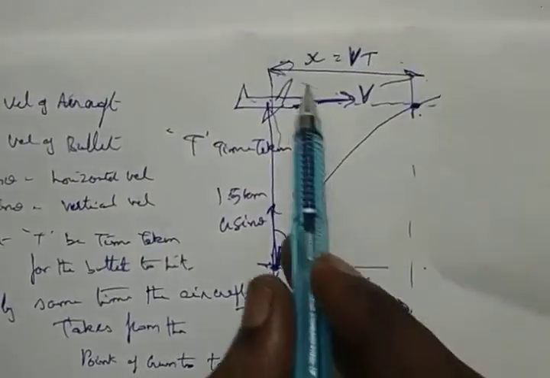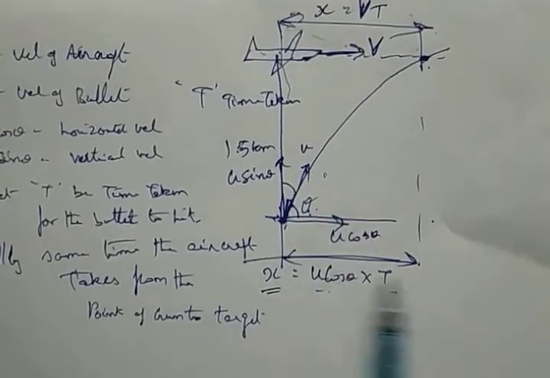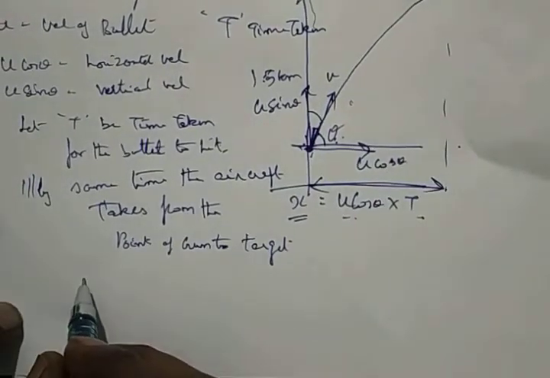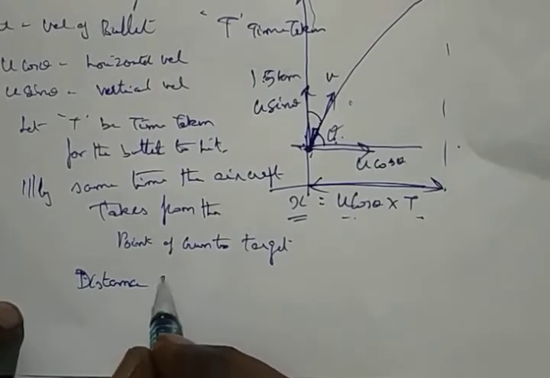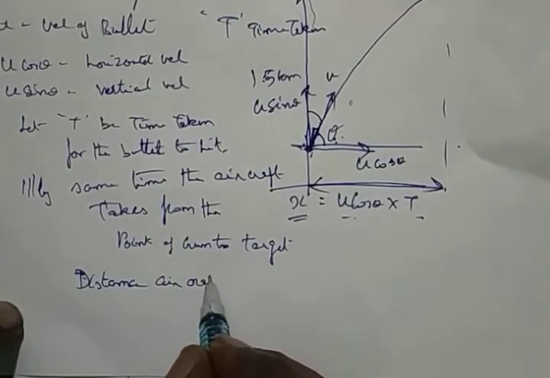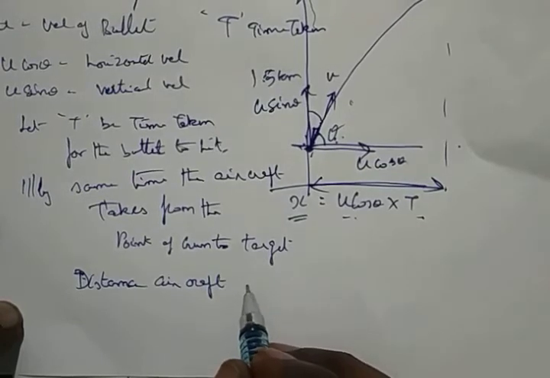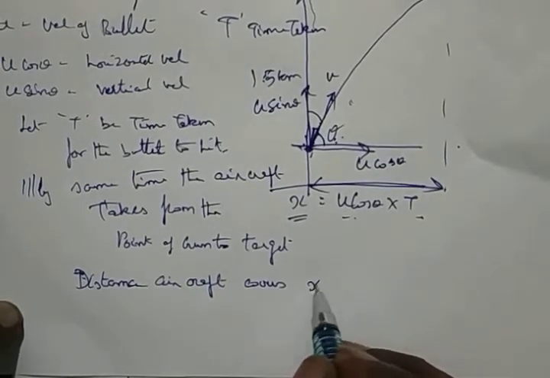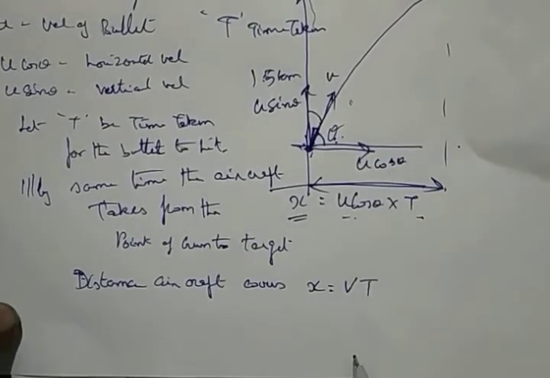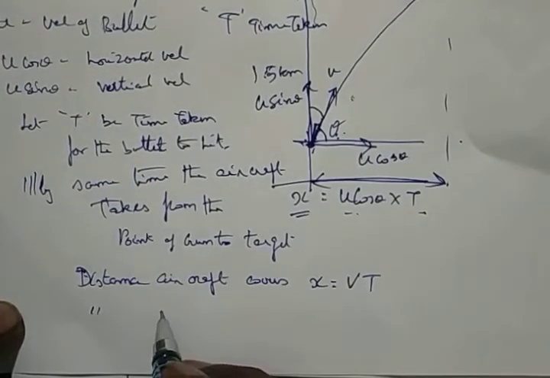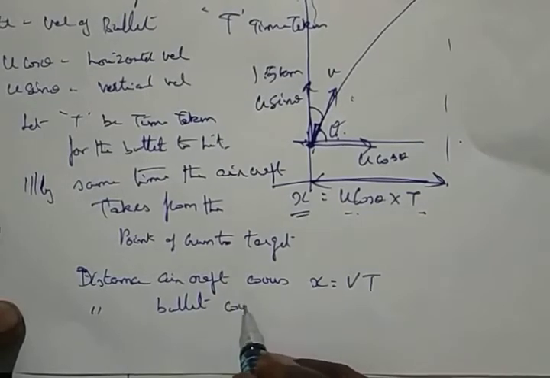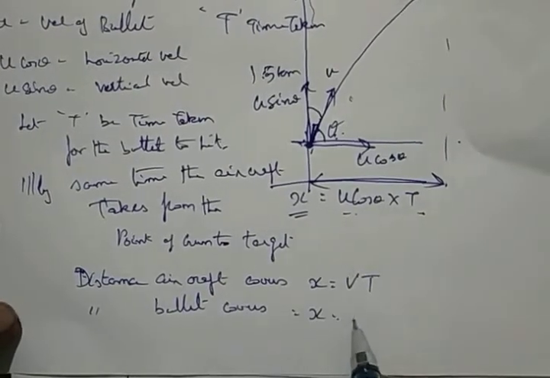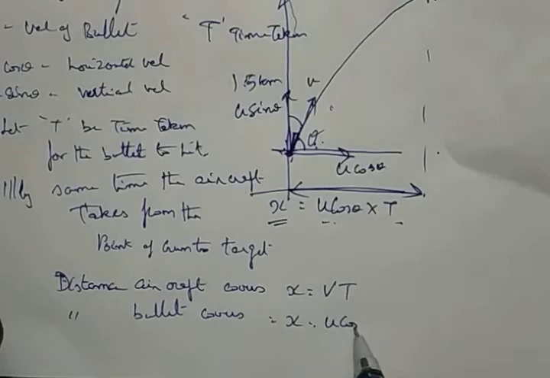So we are talking about this distance. This distance is going to be equal to this distance. So you can write down: distance the aircraft covers, X is going to be equal to v into capital T. Similarly, distance the bullet covers, X is going to be equal to u cos theta into capital T.